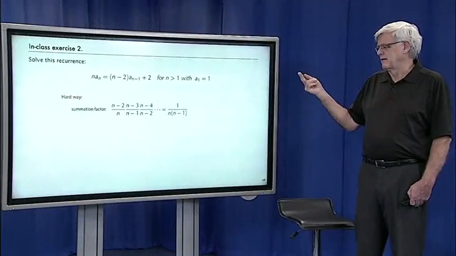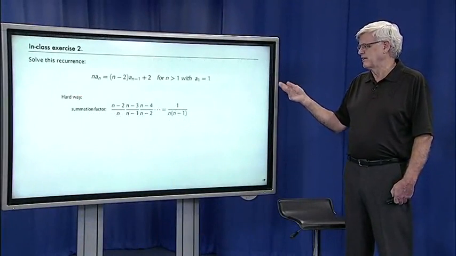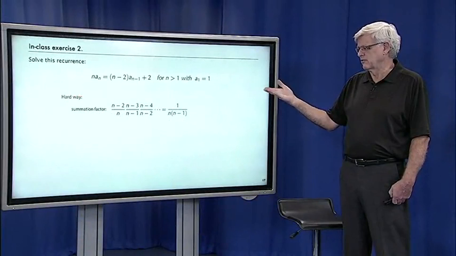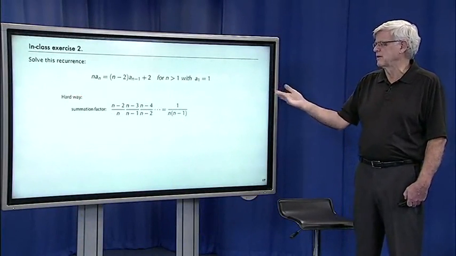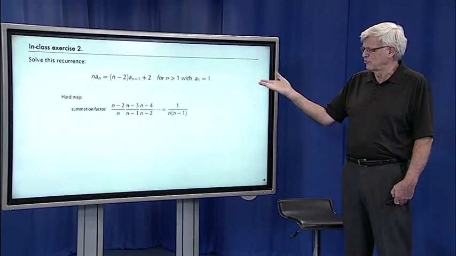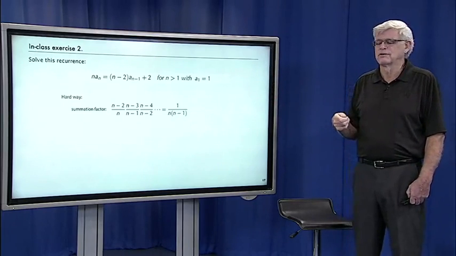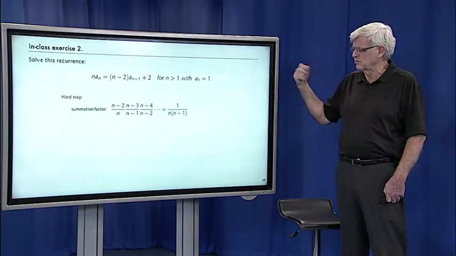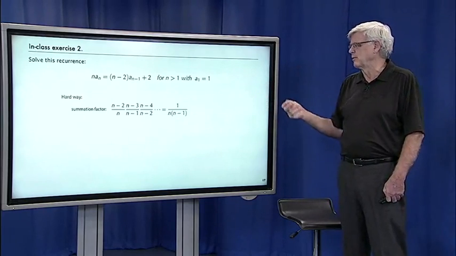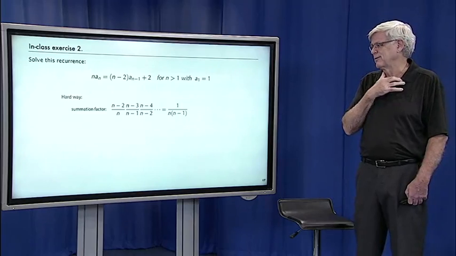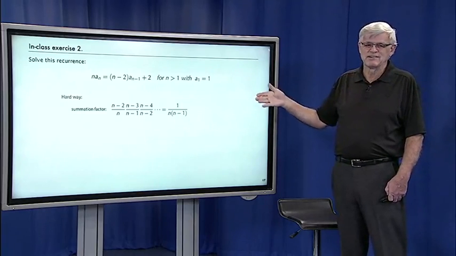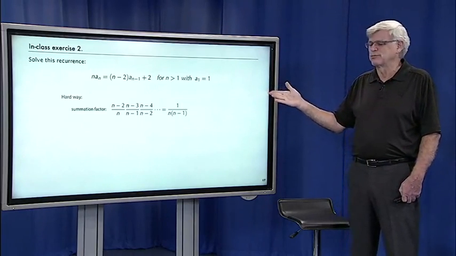Well, if you've been paying attention to the lecture so far, you know that you want to do a summation factor, and the summation factor is somewhat similar to the one that I did for the quicksort-like recurrence. It comes out to be 1 over n times n minus 1. But actually, in this case, that's the hard way to solve this problem.